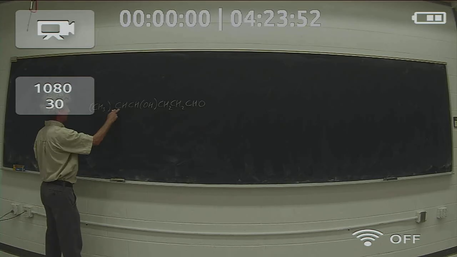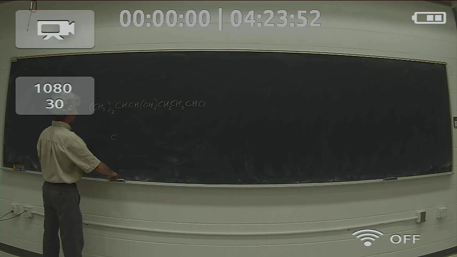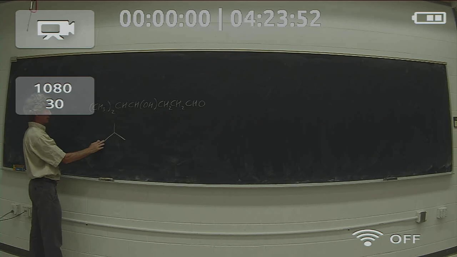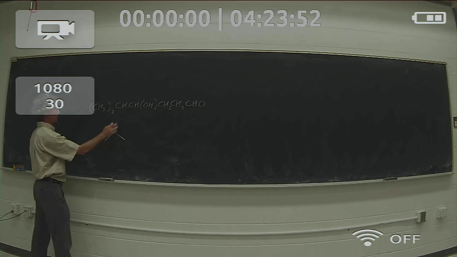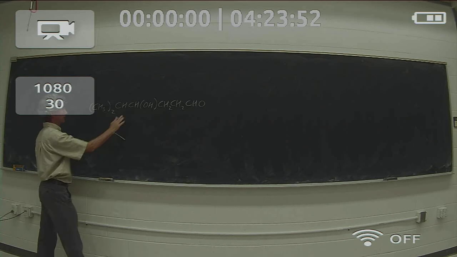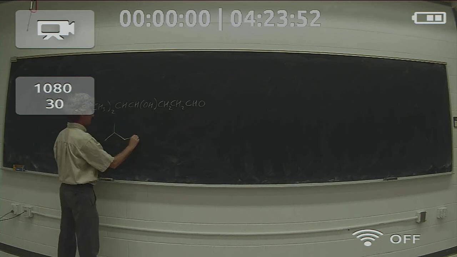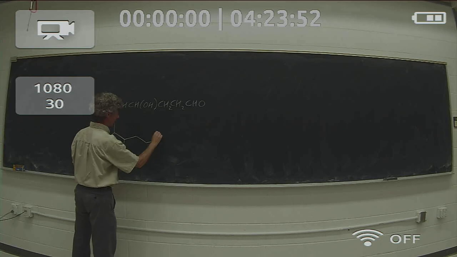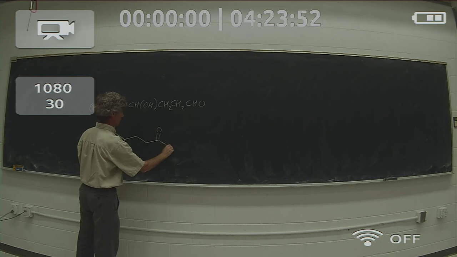So we have a carbon here that's attached to 2 methyl groups. There's a CH3 group, a single point, needing 3 more hydrogens. There's another single point, needing 3 more hydrogens. This carbon has 1 hydrogen on it, 3 bonds. Then there's a CH, and it has an OH group hanging off it. And then a CH2, and another CH2, and then the CHO group is our aldehyde.